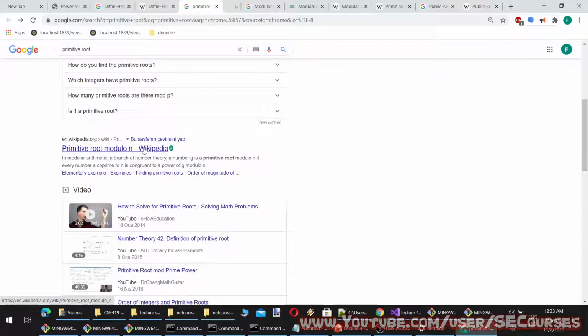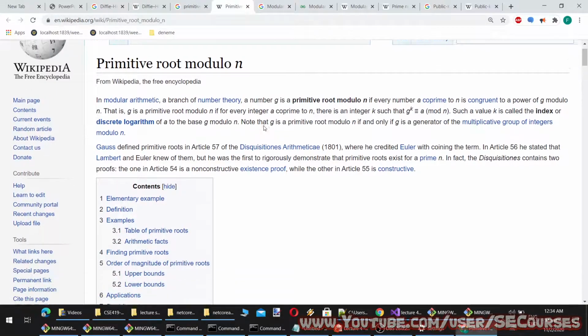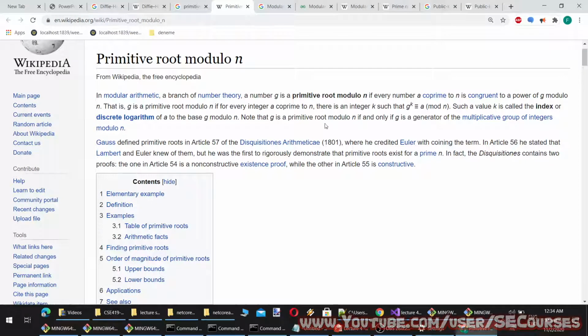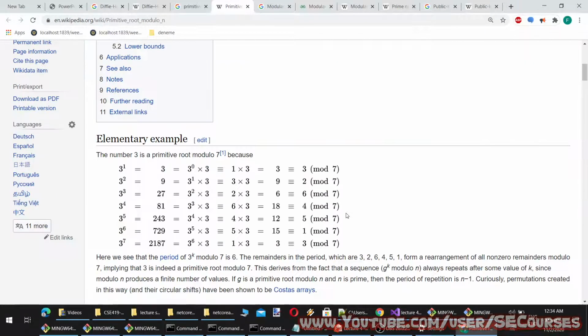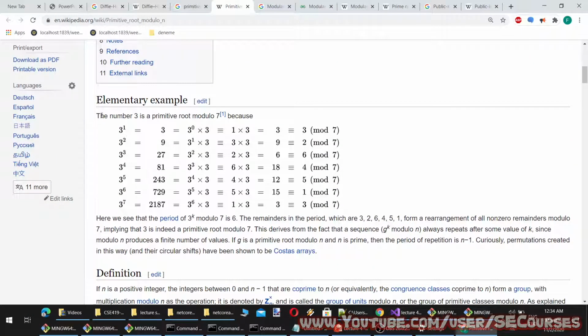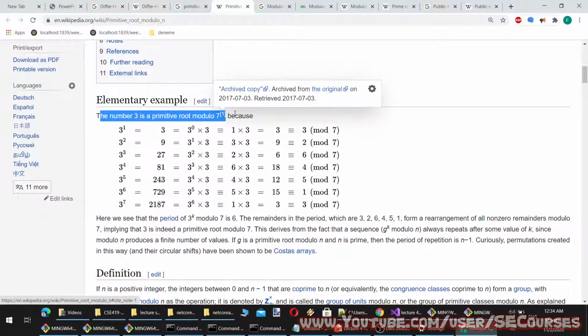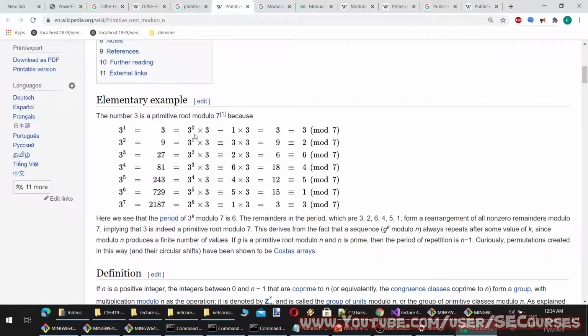Okay, maybe there is a better explanation for primitive root. The number 3 is a primitive root modulo 7 because, oh, so this is 6, 3.